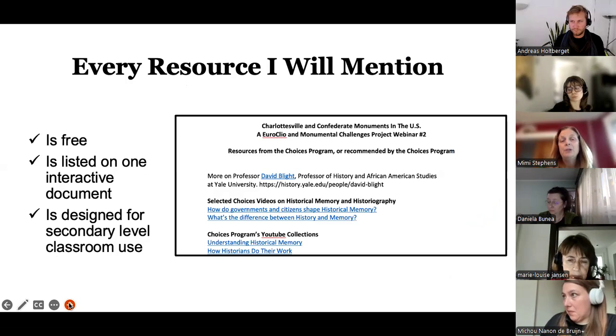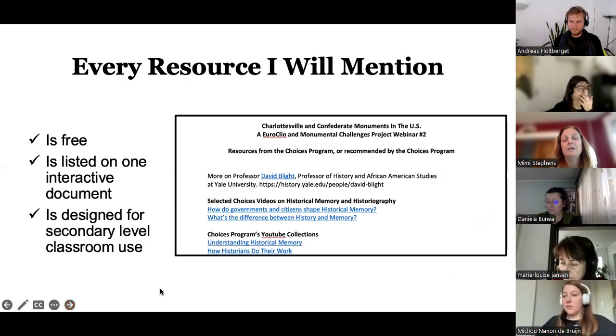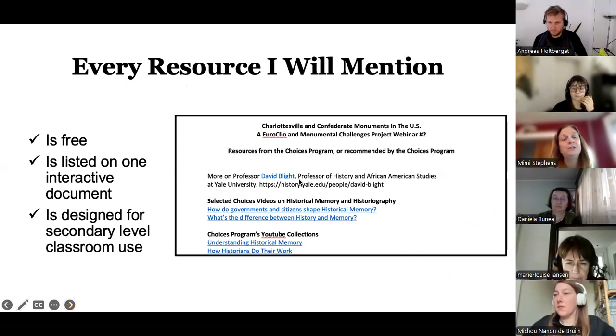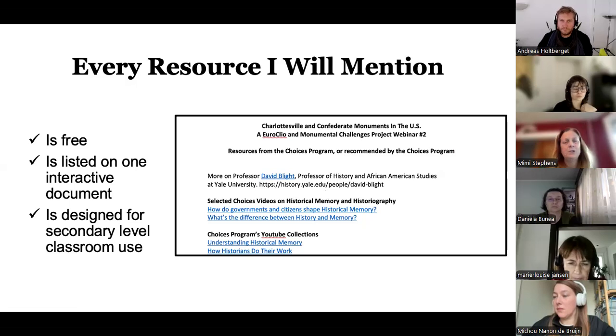Everything that I mentioned, which is mostly Choices materials, but I'll be referring to some additional materials, is free. Everything that I'm going to mention is on this 2-page interactive document that I'll send to you, Andreas, or I can send it directly to folks if you share their emails.